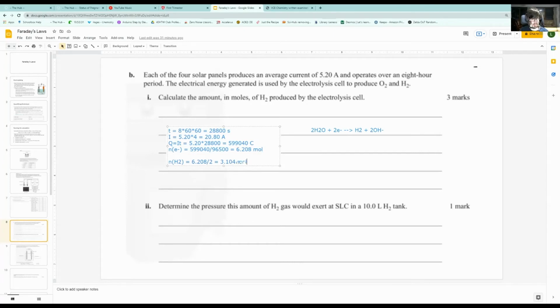I don't know why I'm trying to do maths with letters. All right, 3.104 mole of hydrogen there, and there we go. That's our answer.